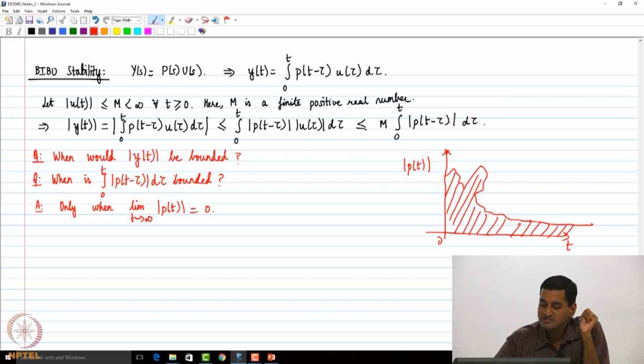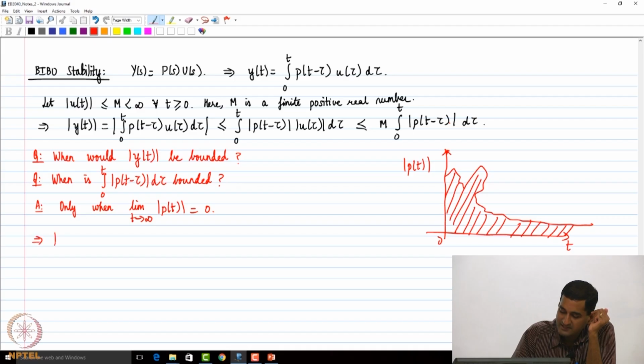What is the only scenario when the integral will be bounded, when the area will be bounded? Only when the function itself goes to 0 as t tends to infinity, right? So, this is the condition. We can immediately see that this implies that the magnitude of y of t is bounded for all time if the limit as t tends to infinity of p of t is equal to 0.